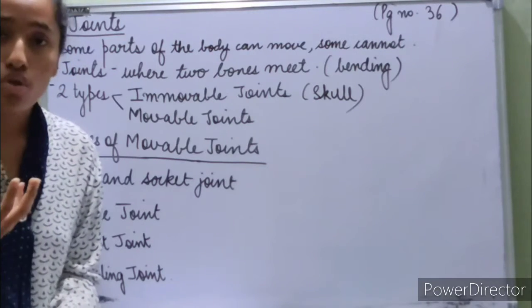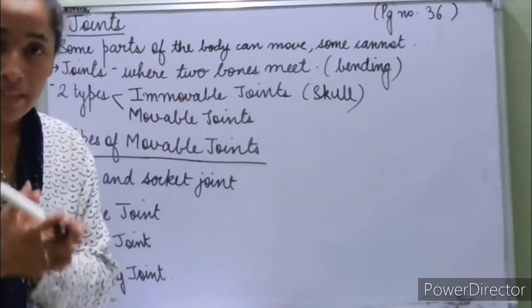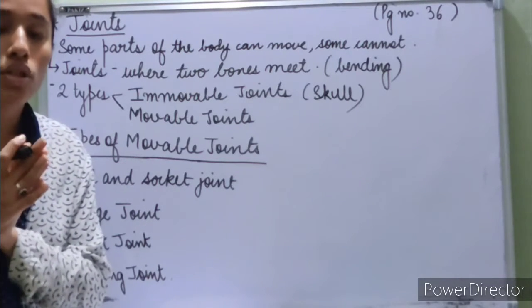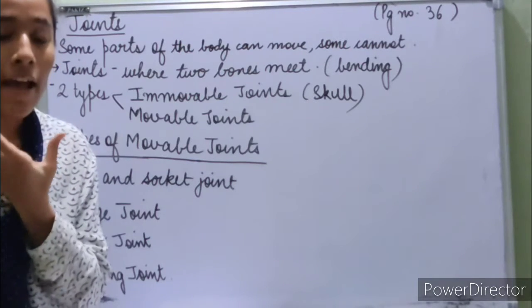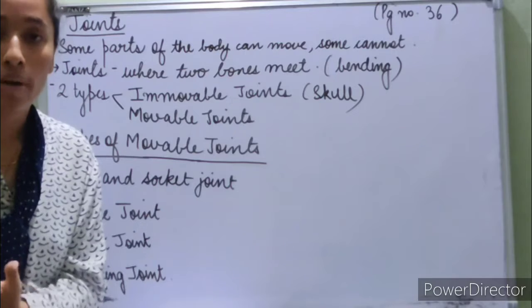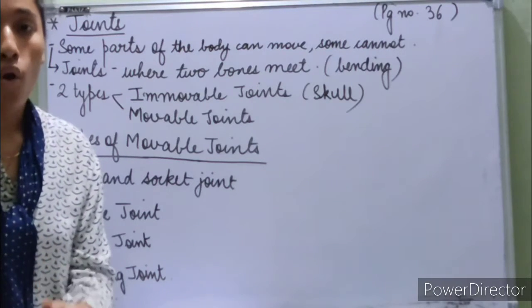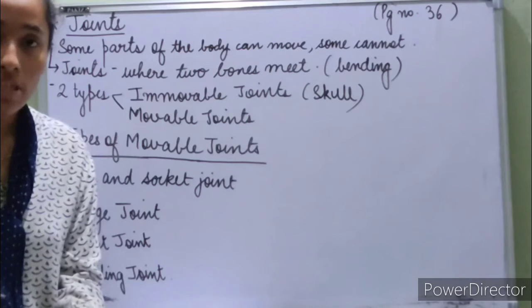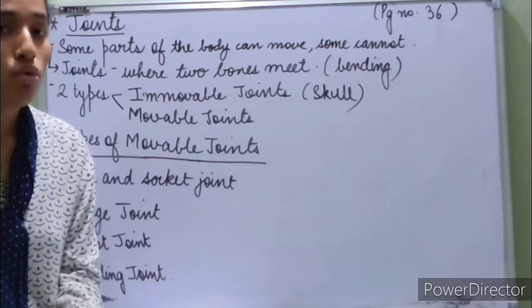Immovable joints are those joints which we are not able to move. The point where two bones are meeting, but we are not able to move it. So our skull has all of these immovable joints. Skull is the only example of immovable joints, only body part that has immovable joints. And the other parts of joints are called movable joints.